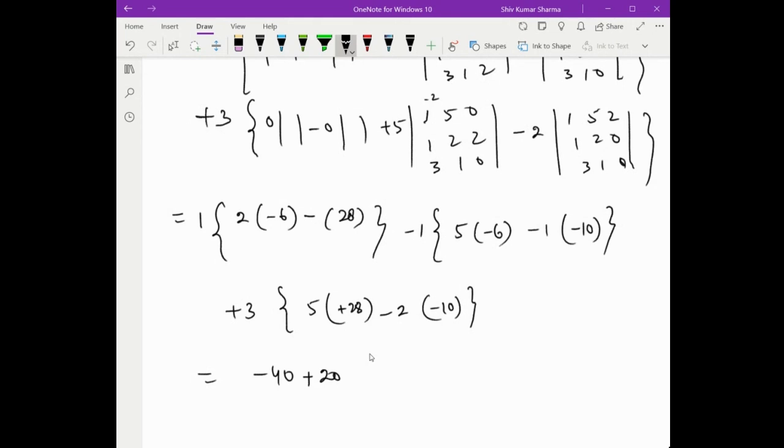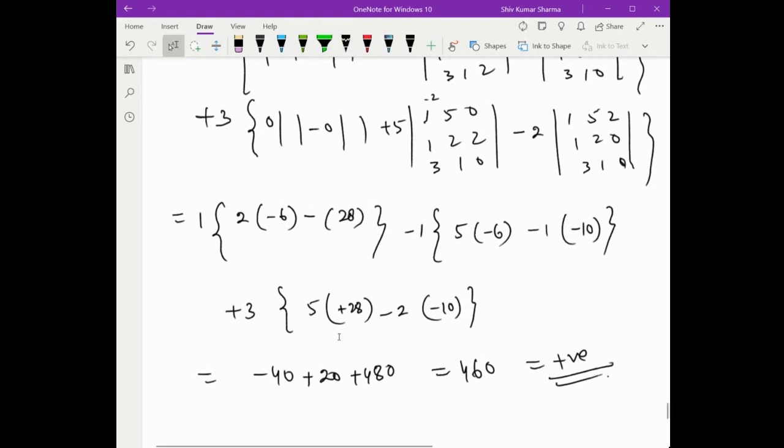And 140, 28 5 is 140, 140 minus minus plus 20, 160, 160 or 3 is 480. So this gives a positive value, that means 480 is positive.